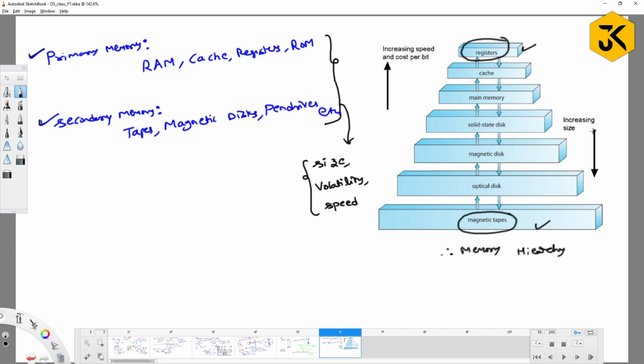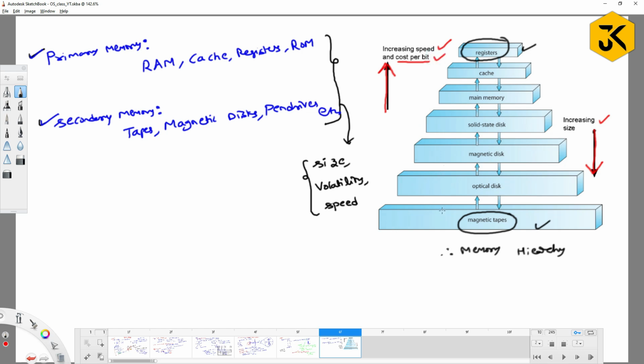As we are moving downwards from top level to lower level, the size is going to increase. But when we are moving from lower level to top level, the speed of accessing the memory will increase, and the cost of the device is going to increase.